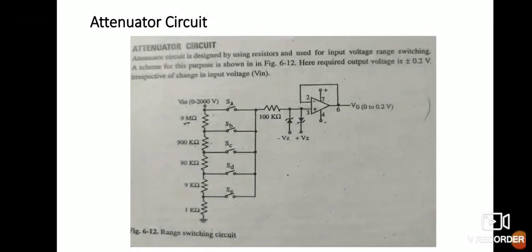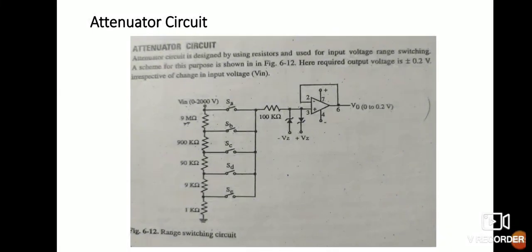Here the required output voltage will be 0.2 volt. So 0.2 volt should be the output, while the input can be different. Vin is connected here, 0 to 2000 volt. Suppose 2000 volt is connected, we can select the maximum value.